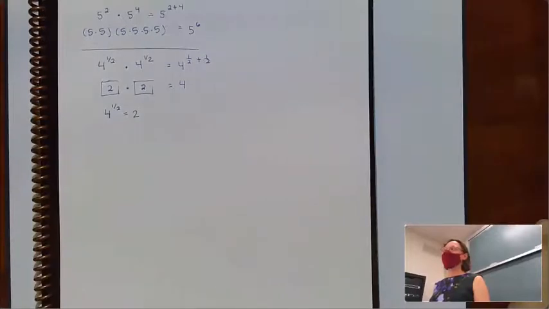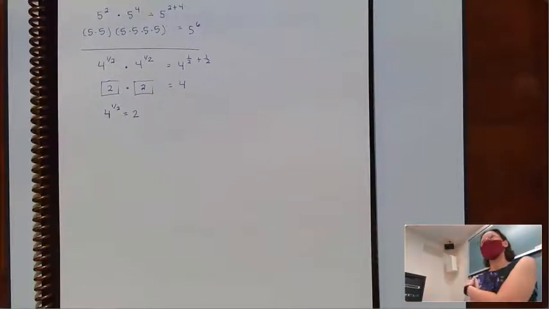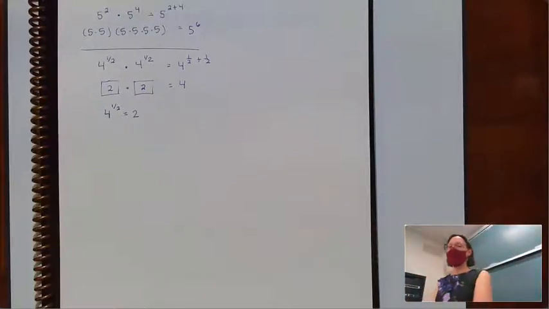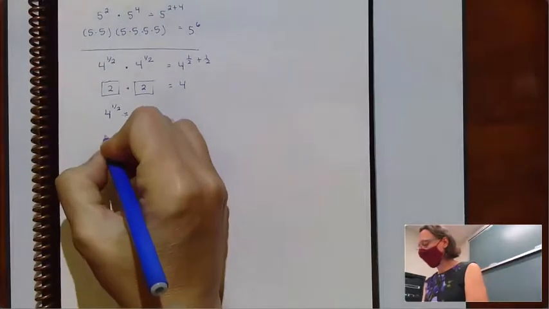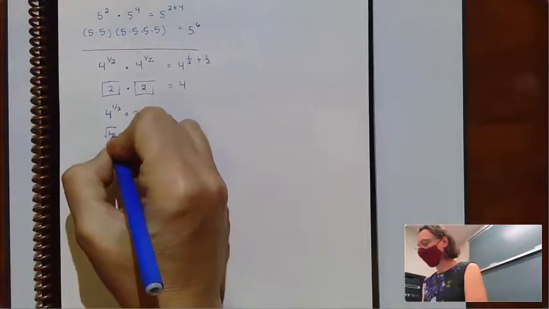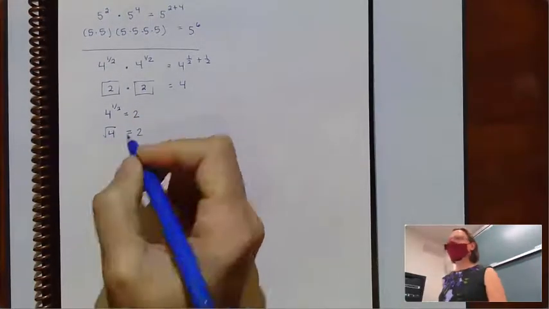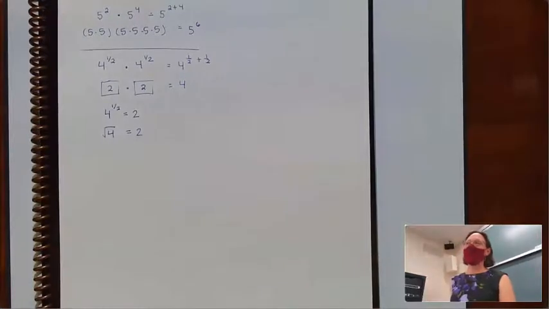Now, there's another notation for that 4 to the 1/2 that we see pretty often. And that other notation is to write that as the square root of 4. But these are just 2 different notations for the same thing.